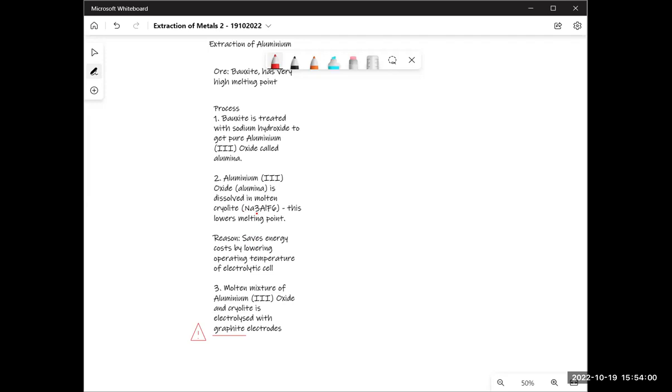You have no clue about this, and you don't need to know this. Please write the equation in your notebook, and I'll write it separately right here as well. This is Na3AlF6, and Al stands for aluminium.